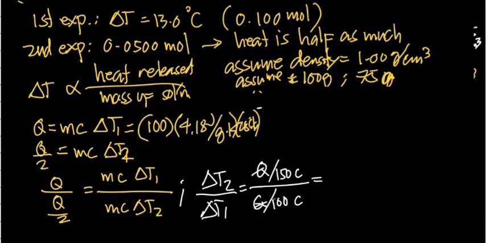Then this cancels out, so we will have only 100 over 150, which is just 2 over 3.